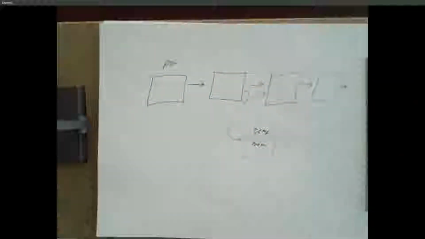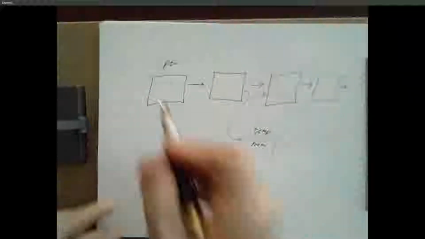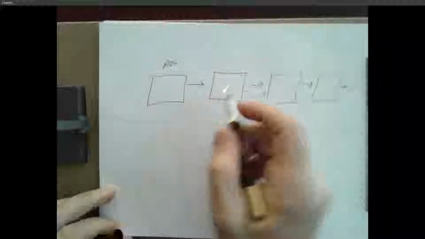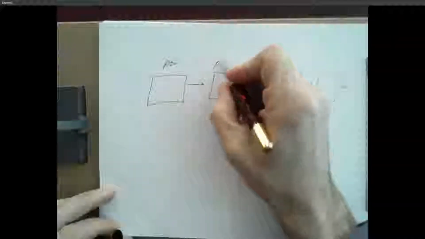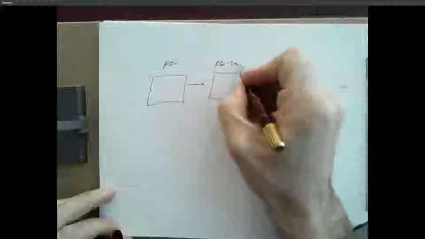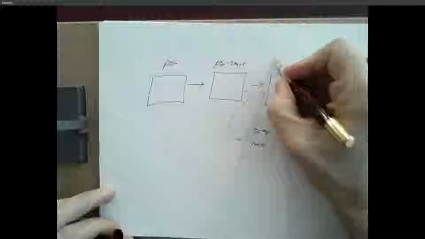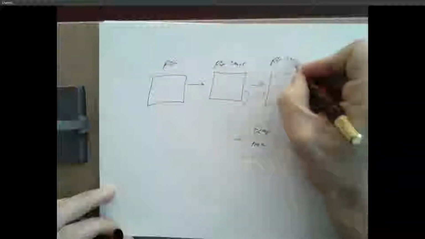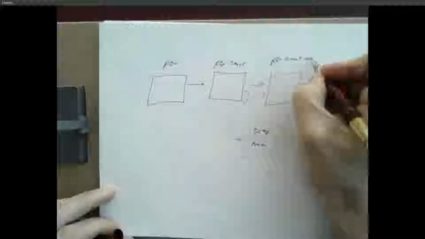Right? So this node is pointer. This node is actually pointer arrow next. And this node is actually pointer next, next.